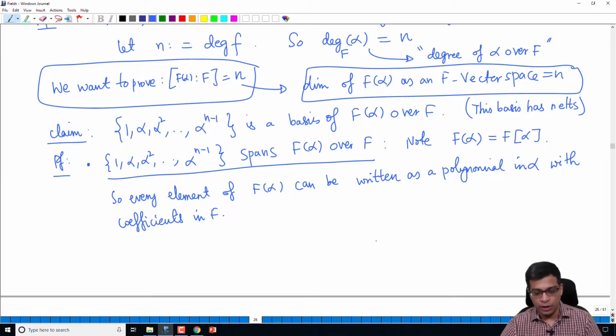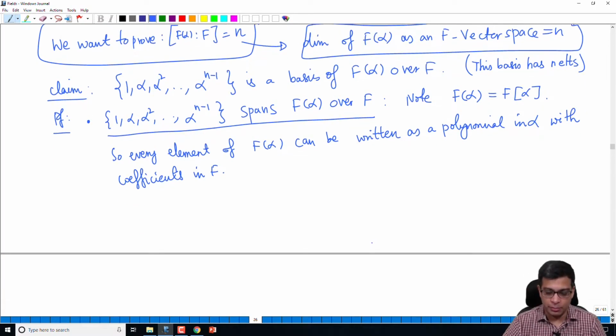So a priori, maybe a larger power than n may be required to express elements of F(alpha), which is the same as F[alpha]. But because f(alpha) is 0, we can get rid of all terms with degree greater than or equal to n.